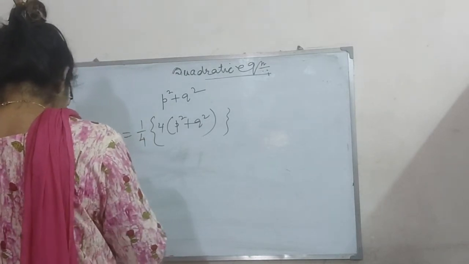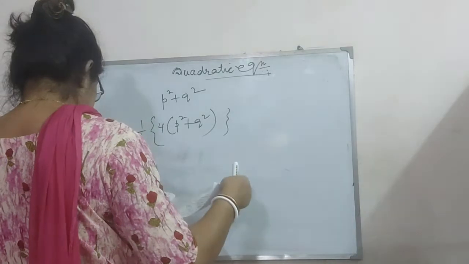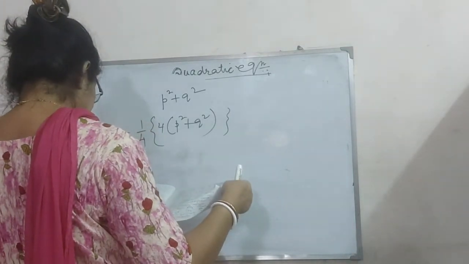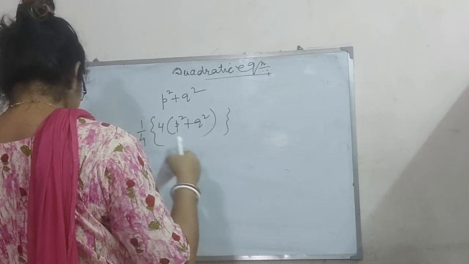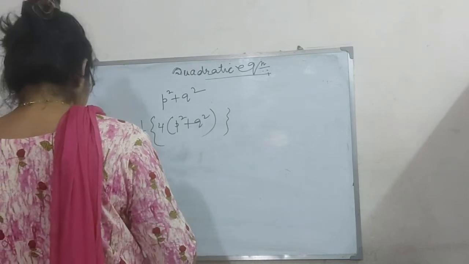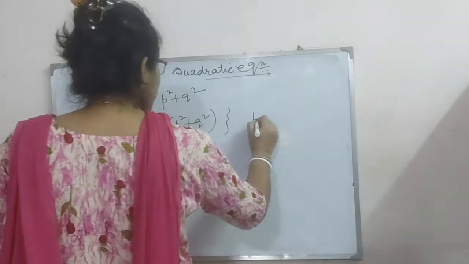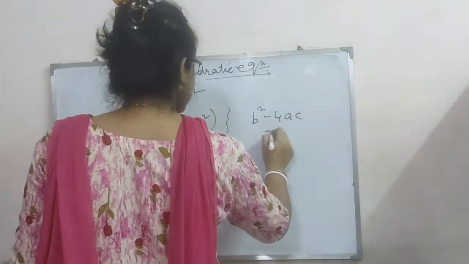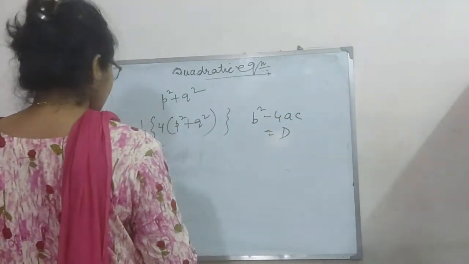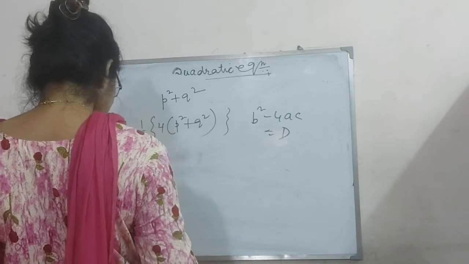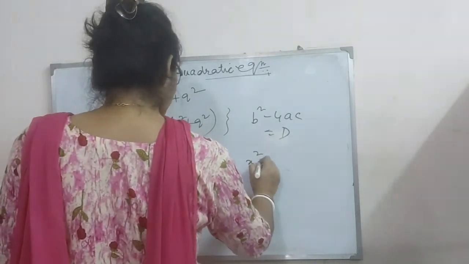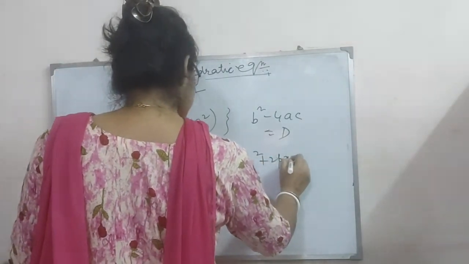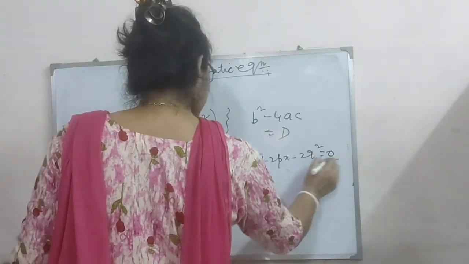Here it is given that p, q are rational numbers and p square plus q square is not a perfect square. The b square minus 4ac, that means discriminant. Here, x square plus 2px minus 2q square is the given equation.